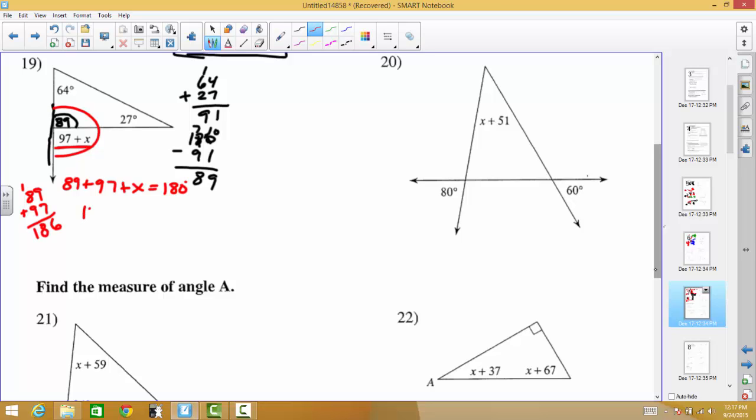So we have 186 plus x equaling 180. So you're going to isolate this x, get it totally alone, which means we need to undo this positive 186. So we're going to subtract that from both sides to keep the balance. So these cancel. X equals negative 6.